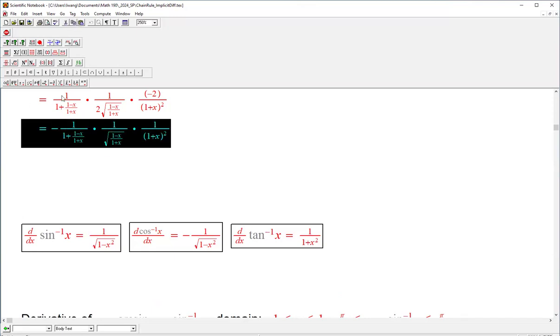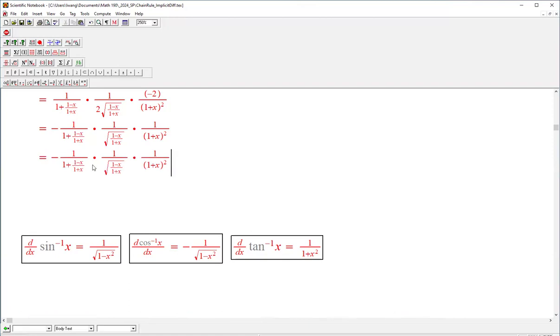Well, this is a very good algebraic practice, okay? So on this piece, I'm treating it as a complex fraction, and I'm going to multiply 1 plus x on top and bottom.